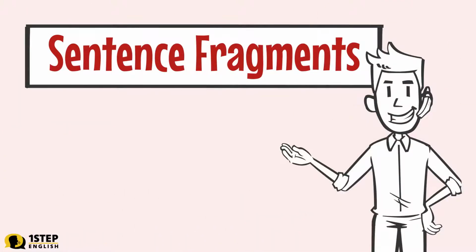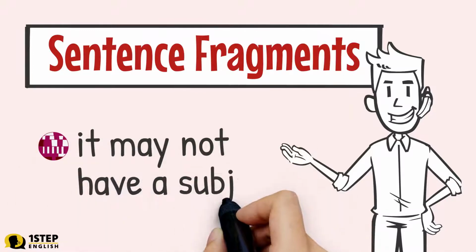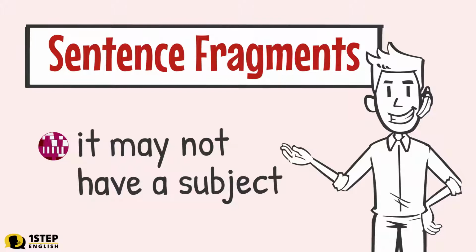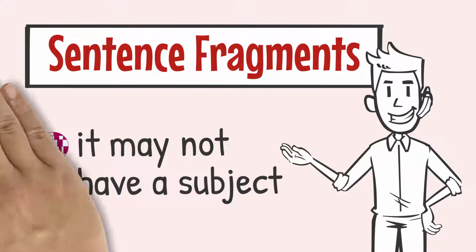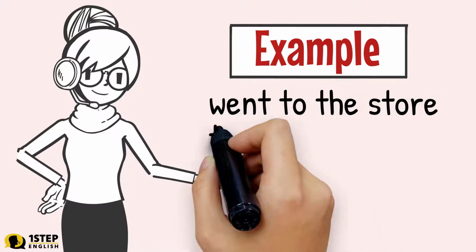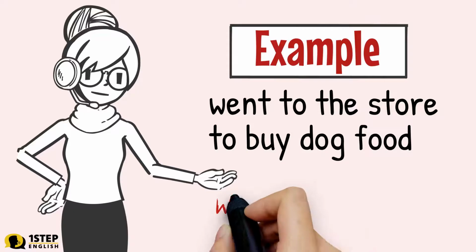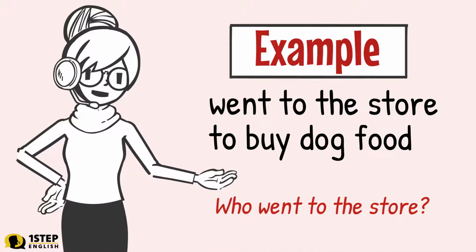You may identify a sentence fragment with the following. A sentence fragment may not have a subject. For example, went to the store to buy dog food. This may ask, who went to the store?